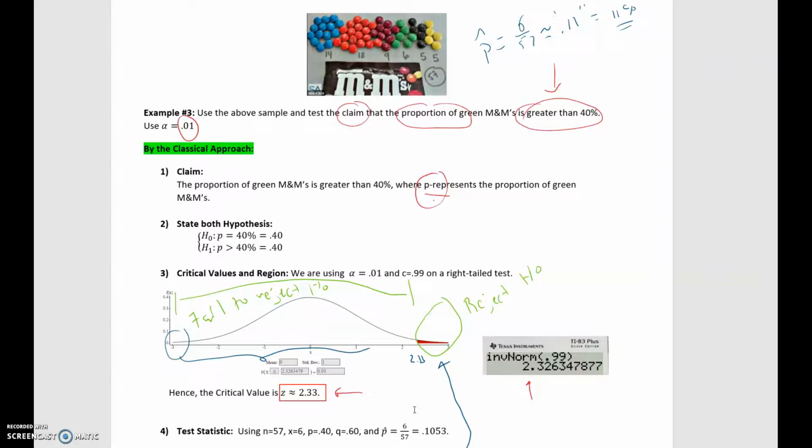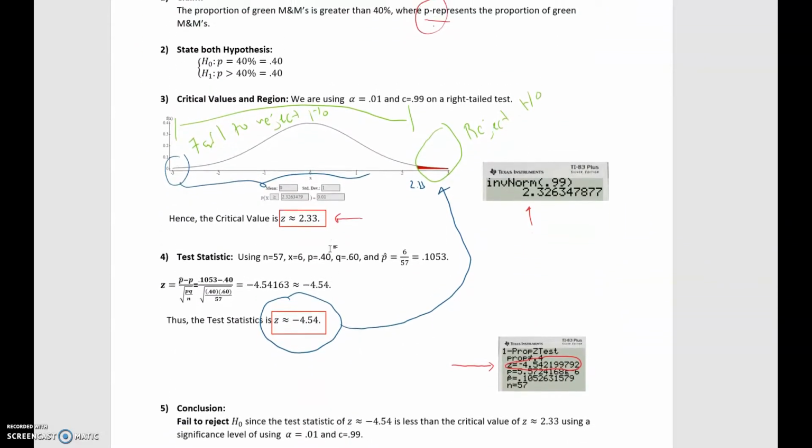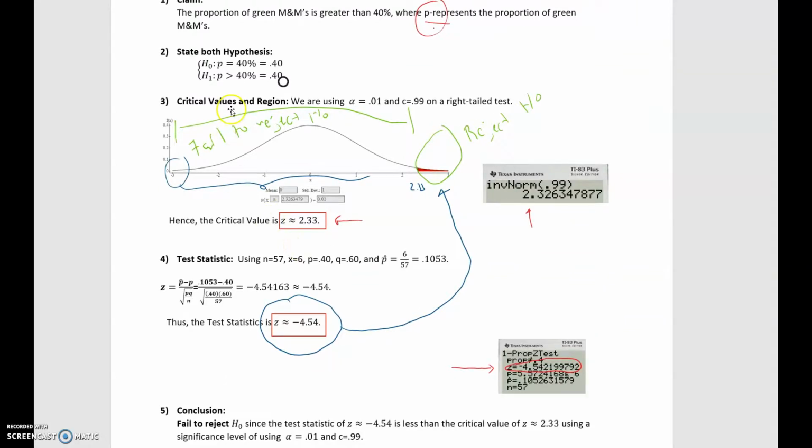Now, what they're asking us to test is if there's evidence that the green M&Ms come from a proportion that is greater than 40%. And this is the claim that they're using on a grader. Our conclusion is no, there's no evidence. So in that case, the wording is always on H0, and the proper wording would be fail to reject H0.